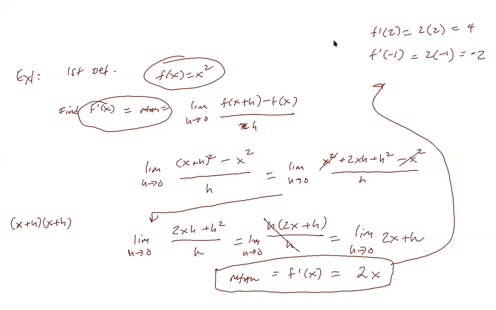That said, let's look at the second definition for a second and how that would be different. The second definition states the limit as x approaches c of f of x minus f of c over x minus c. So when would we use this? Well, we can really use this in a variety of different circumstances, but let's just say we wanted to take the function x squared and find f prime of 2.